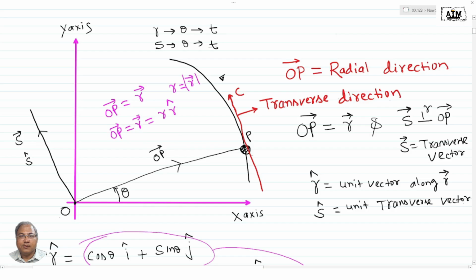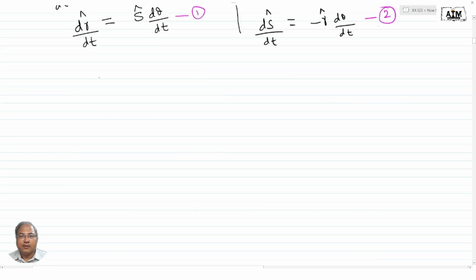Therefore, vector r equals r multiplied by r cap. This we are going to use to find the expression for velocity of the particle, and we are going to find the radial and transverse components of velocity. We have vector r equals r multiplied by r cap.